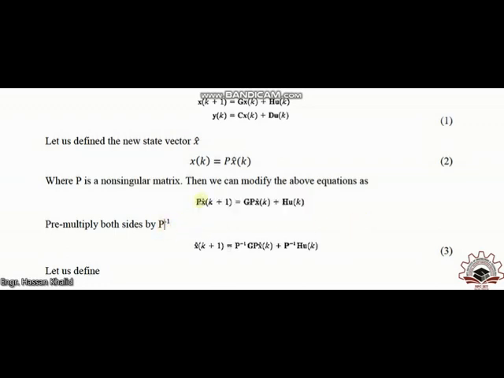Now we need to move this P toward the right side, so we pre-multiply both sides with P inverse because it's a matrix form. So we obtain the final transformed state equation: x-tilde(k+1) equals P inverse G P x-tilde(k) plus P inverse H u(k).